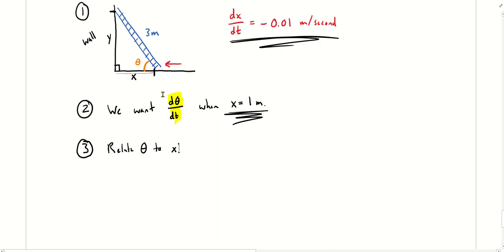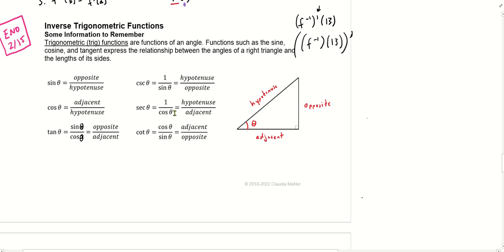So which of our trig functions relates an angle to the adjacent side and the hypotenuse? Well, there's actually two: secant and cosine. Secant is just the inverse of cosine, so it's just 1 over cosine. So let's just pick cosine. Cosine is a relatively easy trig function to work with, and cosine of an angle is the ratio of the adjacent side over the hypotenuse.